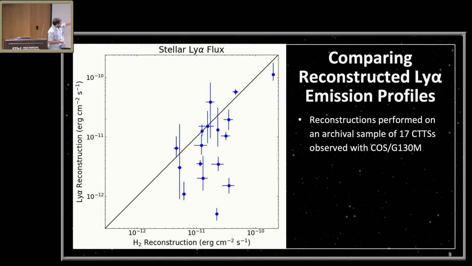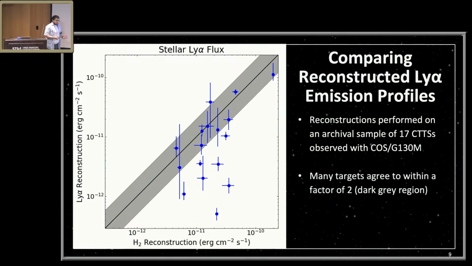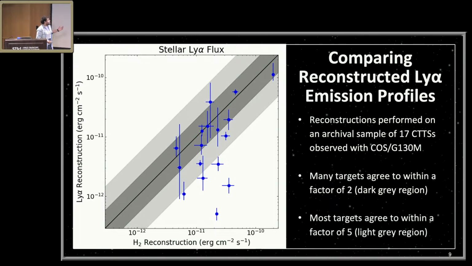Each of these points represents a different T-Tauri star, and then we have this diagonal line representing the one-to-one line. And so we find that to within about a factor of 2, a good number of these targets show agreement between these two reconstruction methods, and to within a factor of 5, most of these targets show agreement.